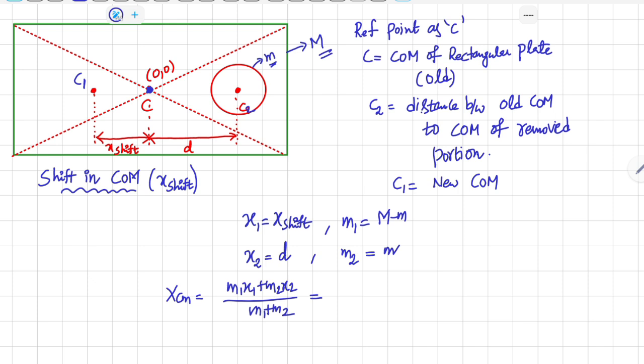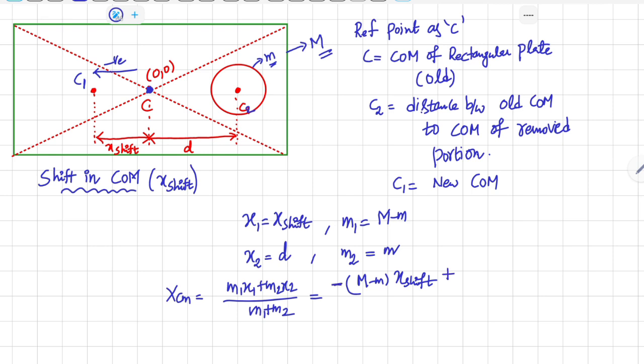Now what is m1? Capital M minus small m, into x1, which is x shift. But what we need to understand here is that I considered C as the origin. Therefore, this distance is towards the left, hence this distance is negative. That's why I am keeping a negative sign here.